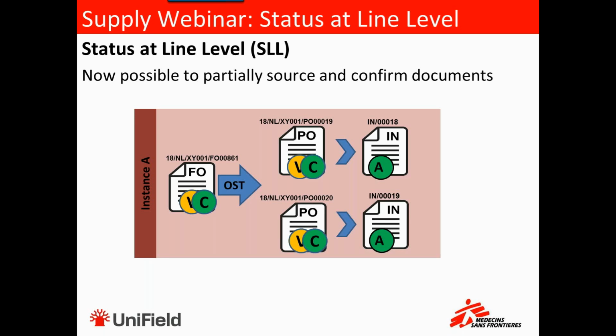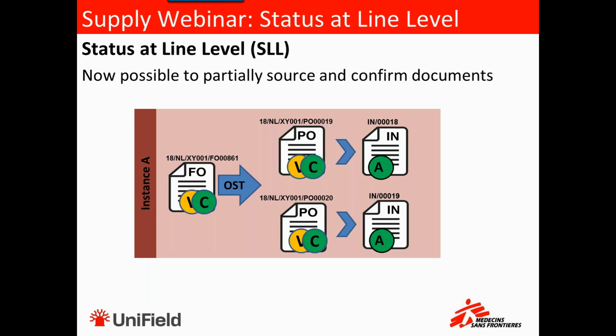And you can proceed and process your incoming shipment. So that's what is going to be the newest change you will see in UniField: the possibility of partially sourcing and partially confirming your documents.